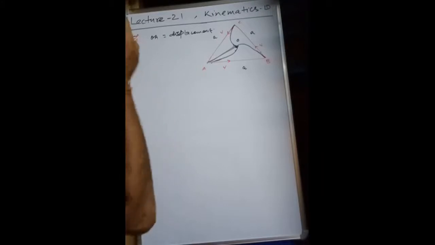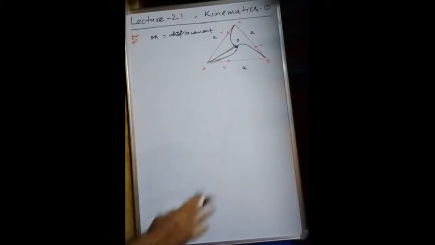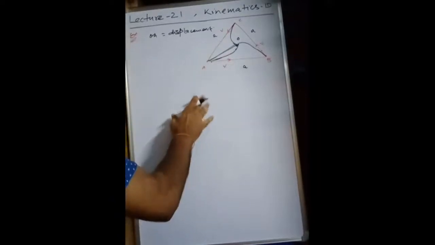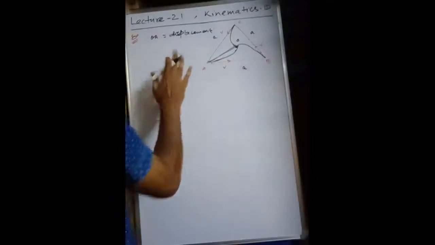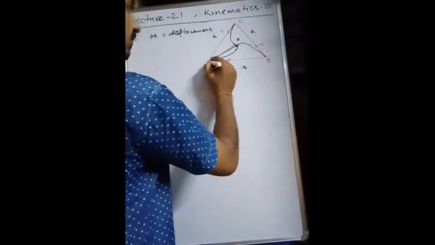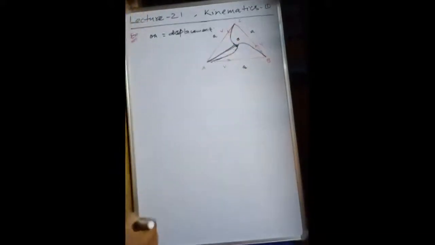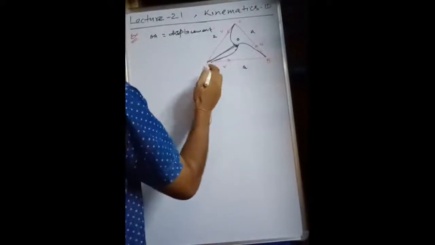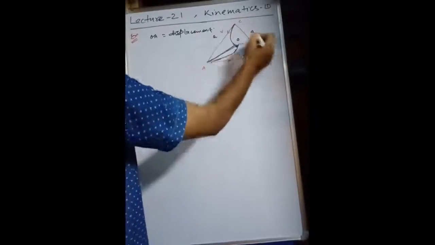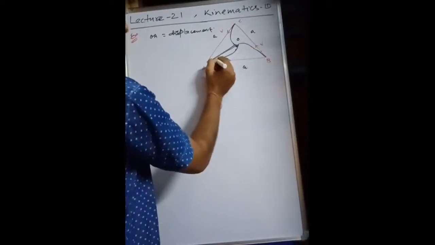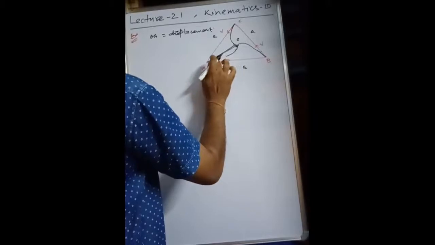I think the question was to find the time. I'm sorry, not the average speed or velocity, the time. Now the displacement is OA. Could you find this value? How much is OA to the center? Yes, we can find it. This is an equilateral triangle, so this angle will be 30 degrees. Am I right?